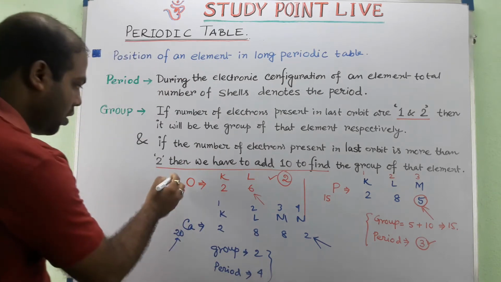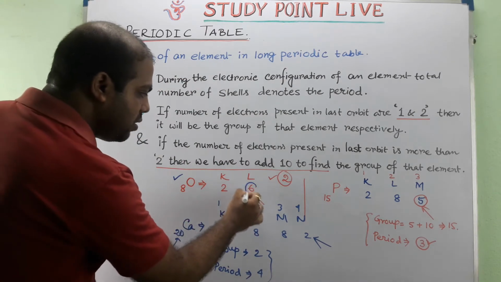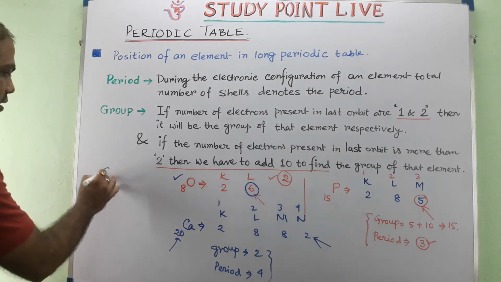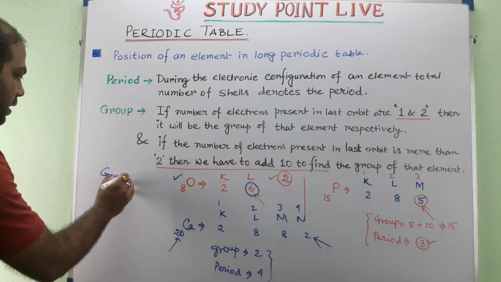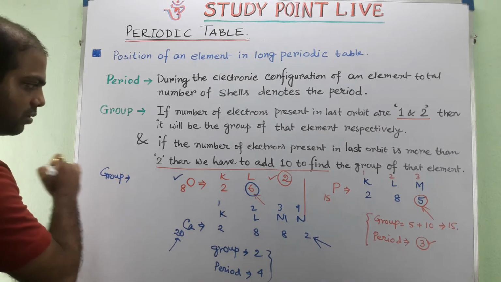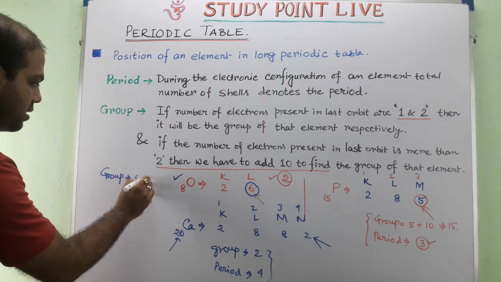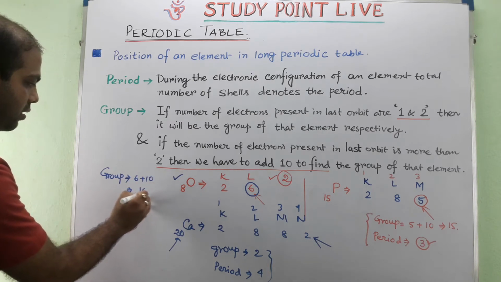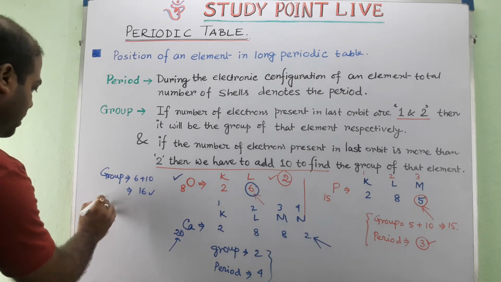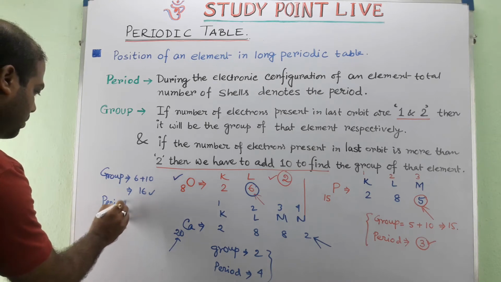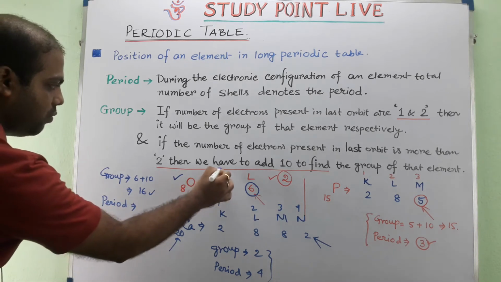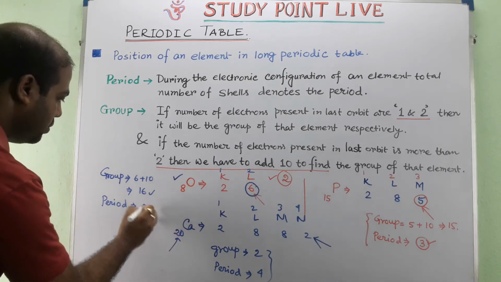And for oxygen the number of electrons is 6. That's why the group of oxygen is 6 plus 10, that is 16, and the period will be 1 and 2, that is 2.